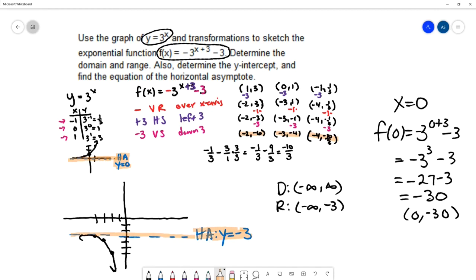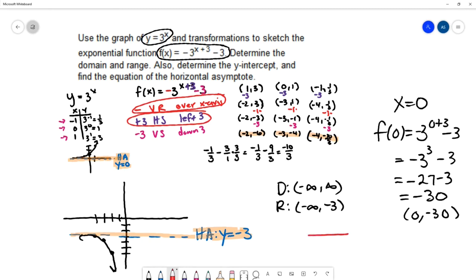Y equals negative 3. The other transformations, the transformation of reflecting it and the transformation of shifting it to the left, have no effect on that horizontal asymptote.